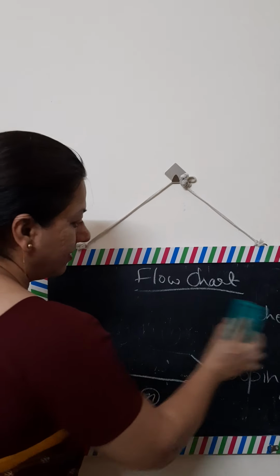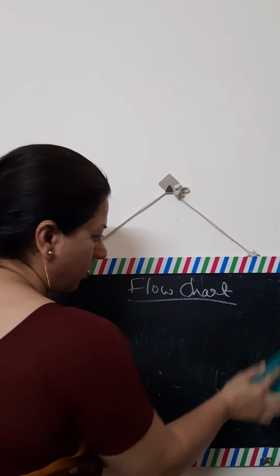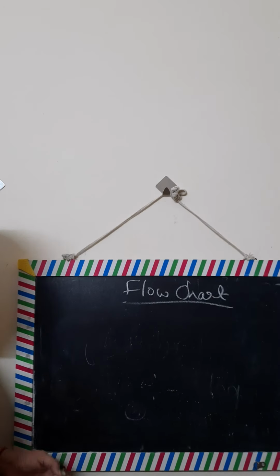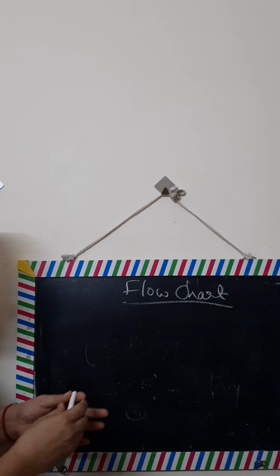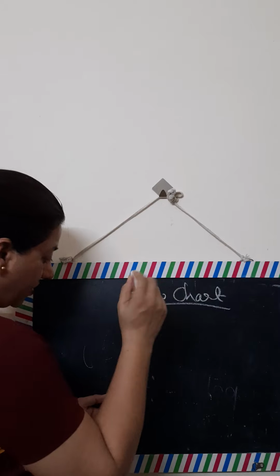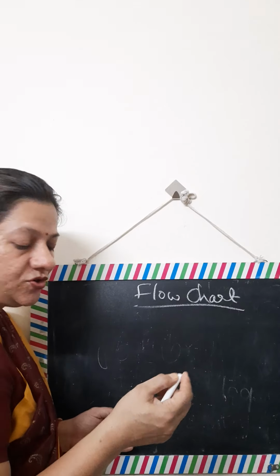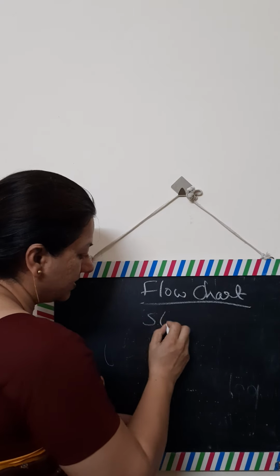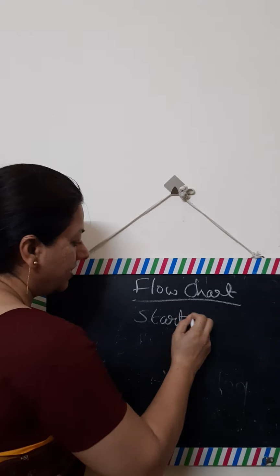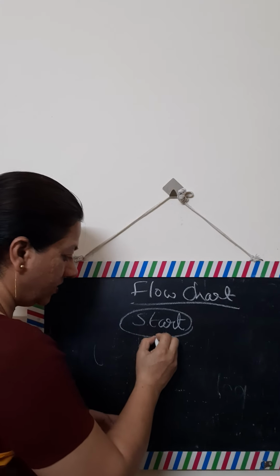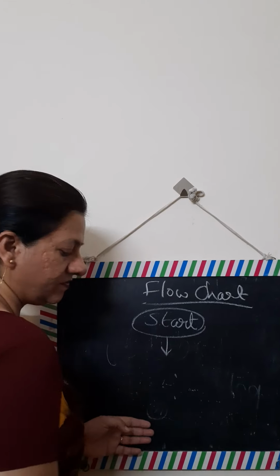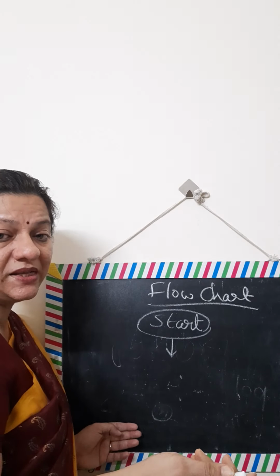I'll just quickly take up your first and second, both the flowcharts, and explain you how we are doing it. For your example 1, where 3 plus 5 was used, it is a start. I write a start and I go like this. This is my flow line. Now it depends.